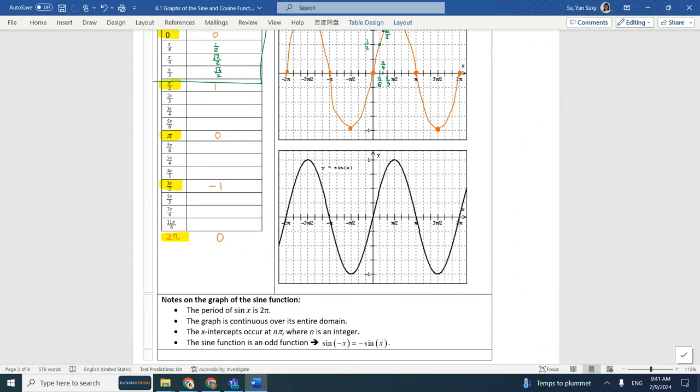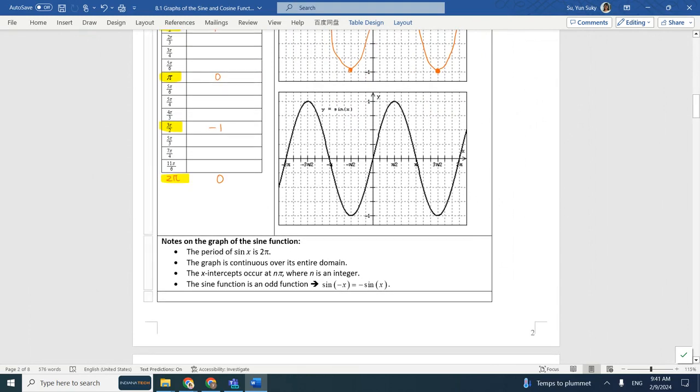It's symmetric with respect to the origin, so it's an odd function. So if you have the minus sign, you still have the minus sign. Remember we said cosine and secant are so hungry, they eat the minus sign, but all the other four trig functions keep the minus sign. Just put the minus sign in front. Okay, everybody? Good.